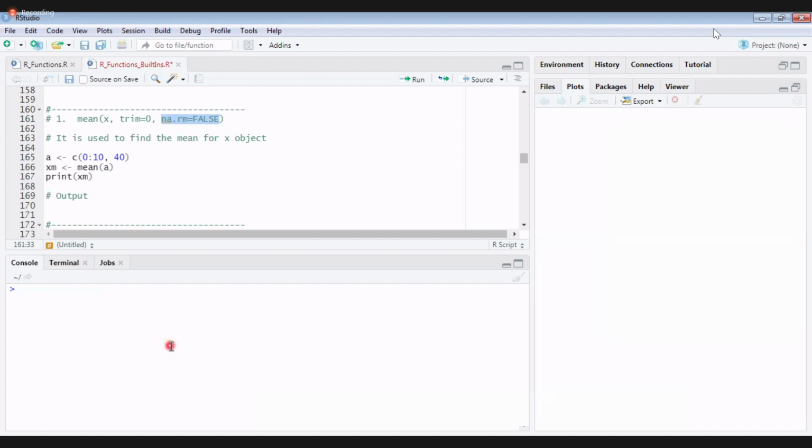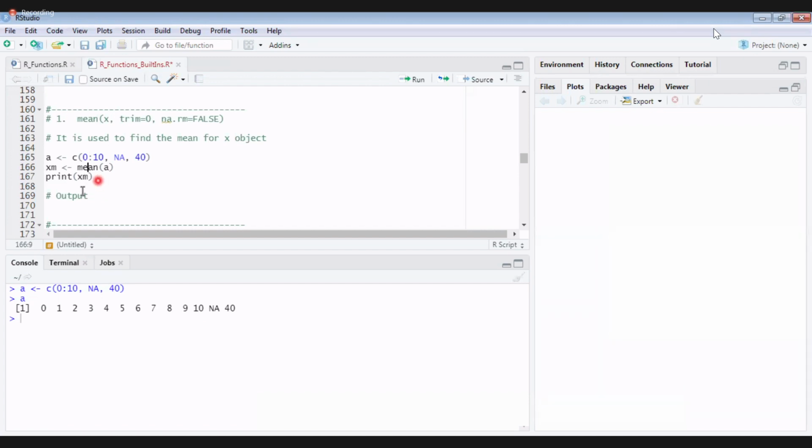Now see here, what will happen if I introduce an NA? I have introduced one NA in A, one missing value. Now I want to calculate the mean. In the previous case it calculated the mean, a value around 7 point something.